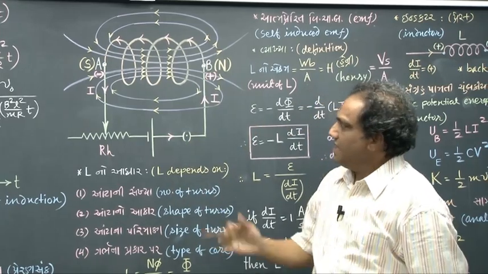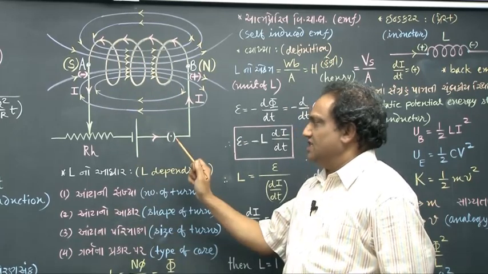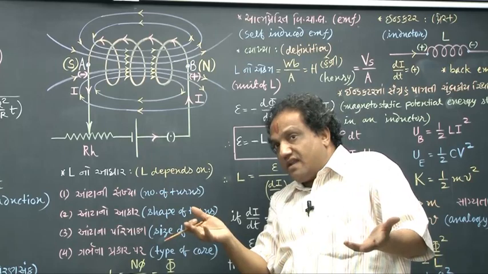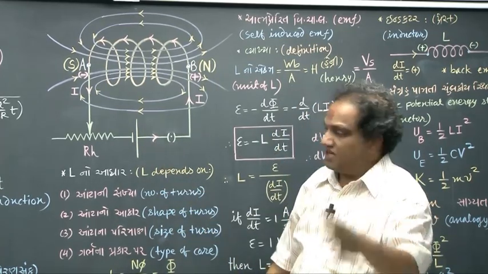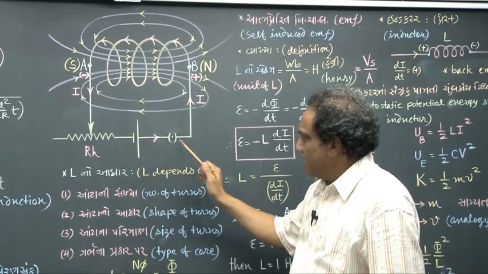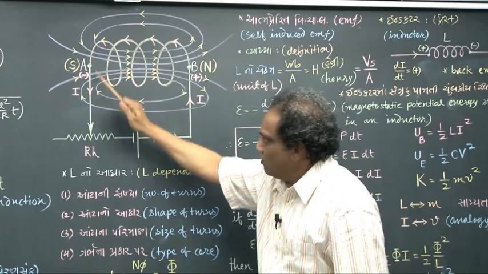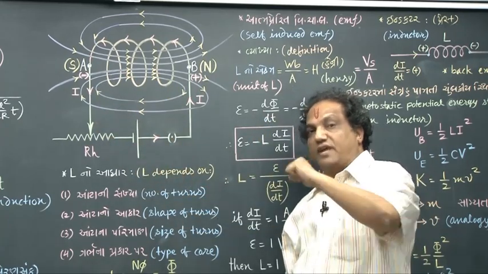Fine. And now tell me, in this closed path, if I put this key, then the path is closed, and if a battery is there, means if EMF is present, it will send current from positive to negative. So this is the flow of electric current. Don't you know, current is a source of magnetic field.